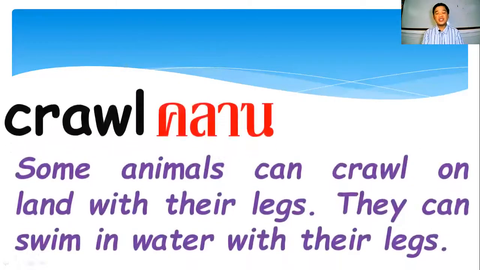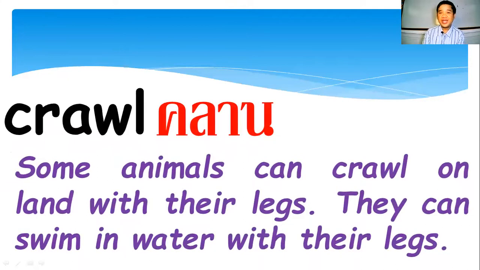All right, so also crawl. And what are those animals that can crawl? There are some small, tiny animals able to crawl. Although they have legs, they just only crawl, and cannot run fast. What are those examples of animals able to crawl?